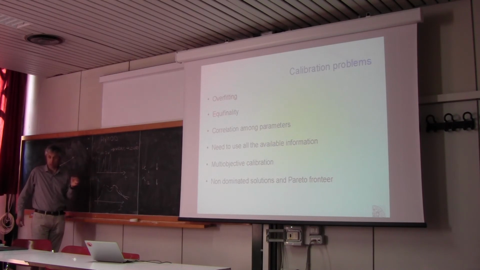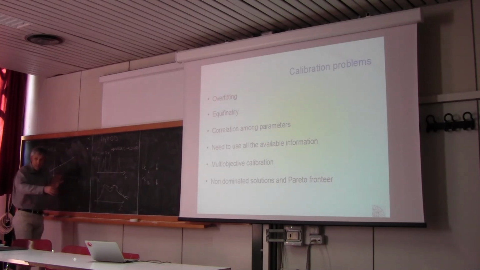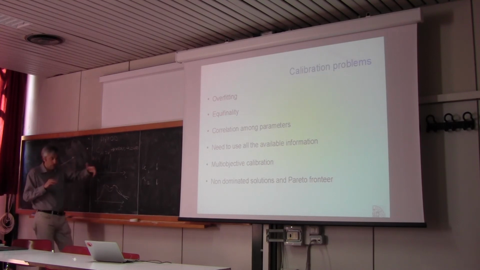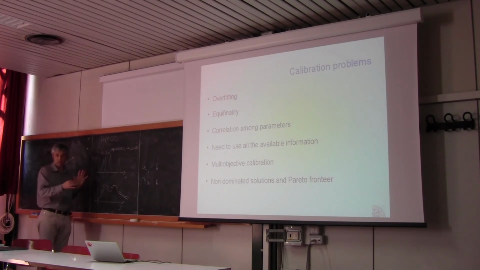But a hydrograph really tells you a lot, and you are condensing all this information in a number, least squares. So while synthesizing, you are losing something. If you use two different objective functions, you are losing less.